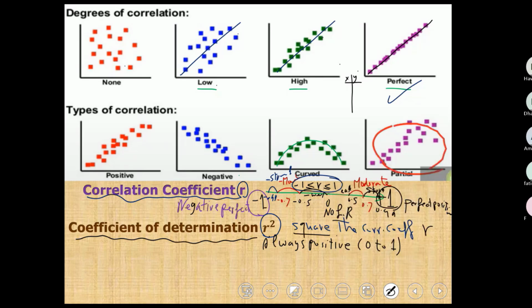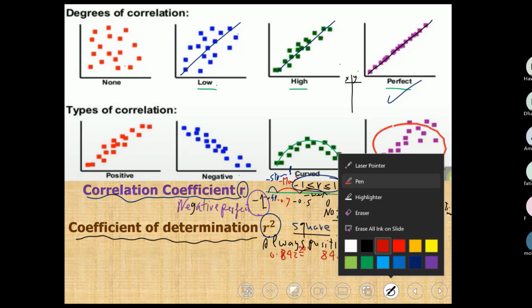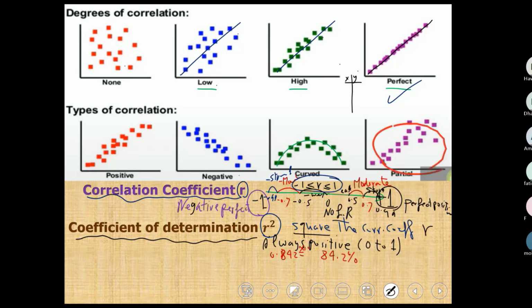Say you have 0.842 when you square your R. It is better to change this into a percentage by multiplying by 100, so you have 84.2%. What is the meaning of this percentage? What is the explanation for the coefficient of determination?